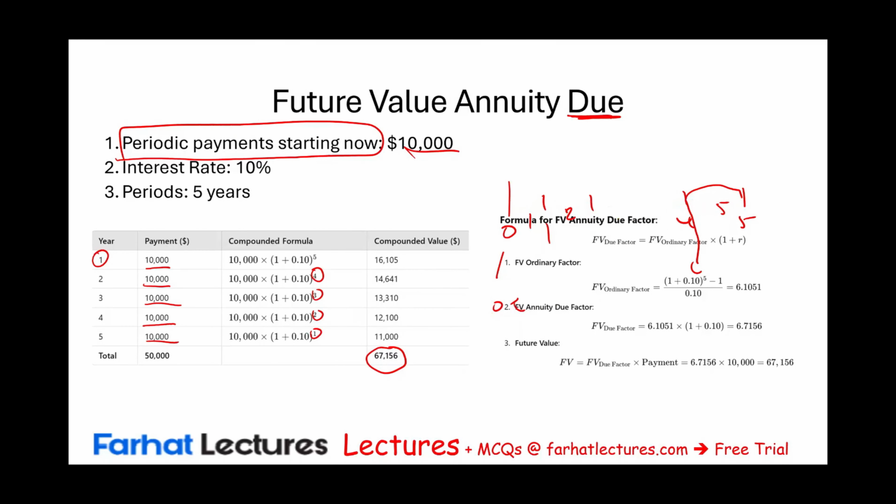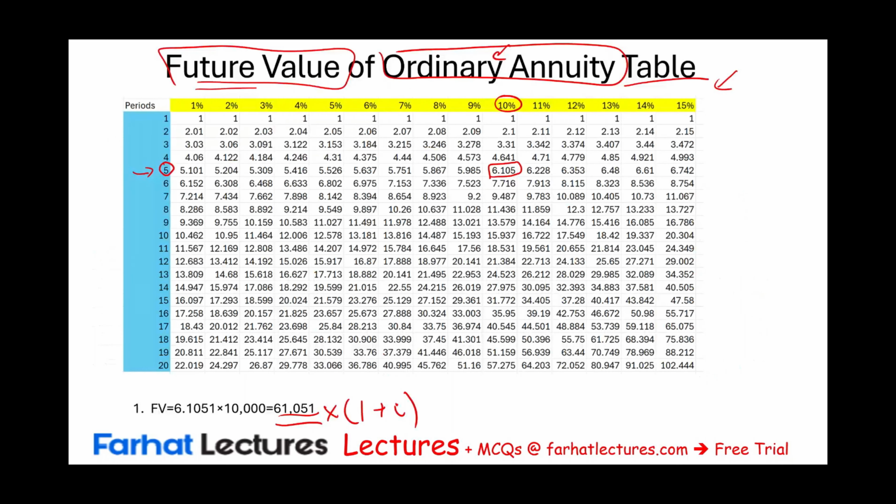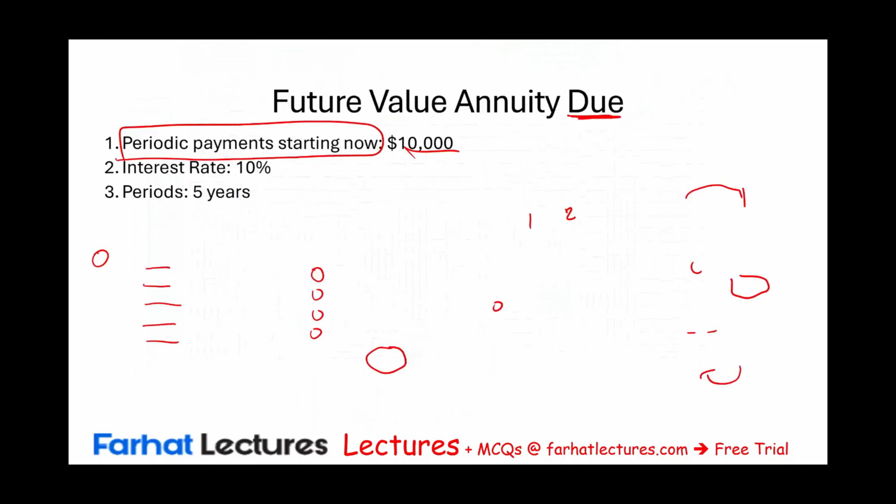The other way to do it is to use the formula. What did I say? I say get the future value ordinary factor, and we already computed this, 6.1051. The factor, then multiplied by 1 plus 0.1, will give you 6.7157. You'll take this number times 10,000, which is the same thing as taking the future value of this amount, 61,051, times 1 plus 0.1, which is 1.1, and it will give us the same amount of 67,156.